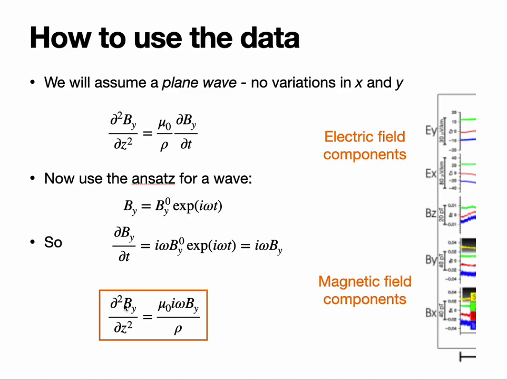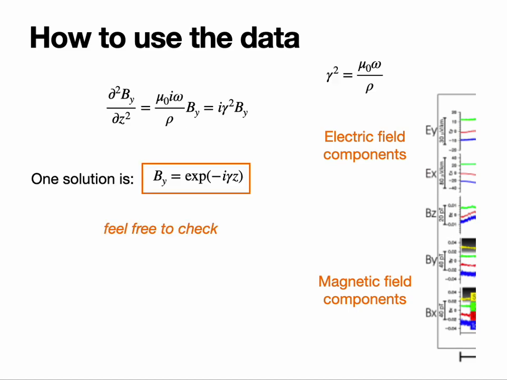So now we have the second derivative of By with regard to z is equal to mu 0 over rho times i omega By. It's a differential equation. You have the second derivative of By on one side and By on the other side. This differential equation admits the general solution By is equal to exponential minus i gamma z.